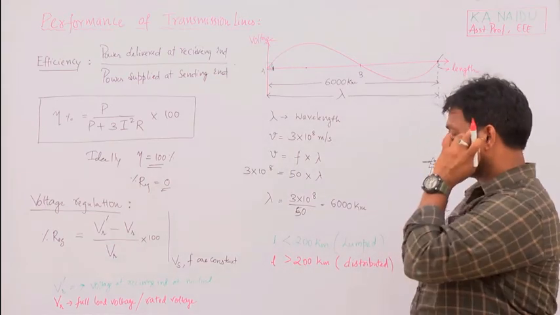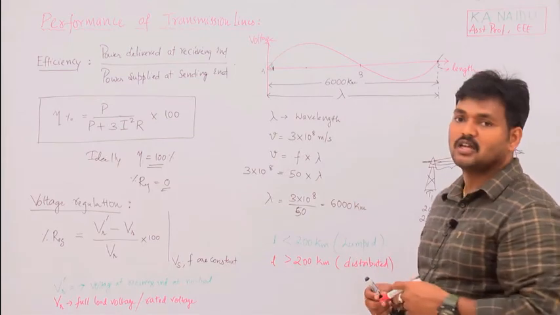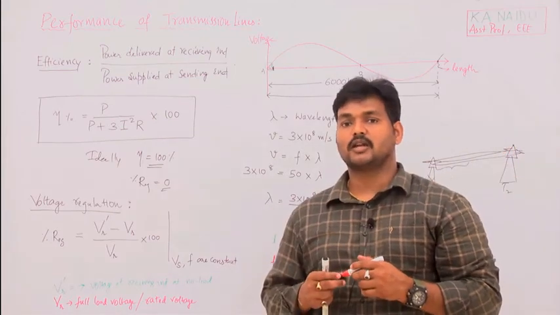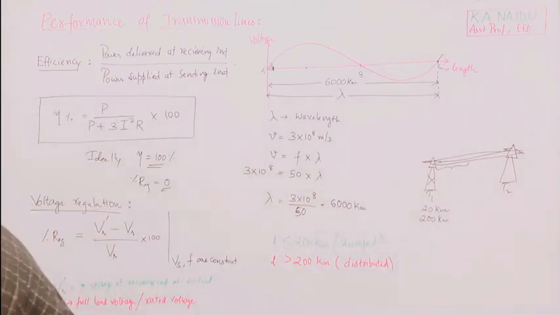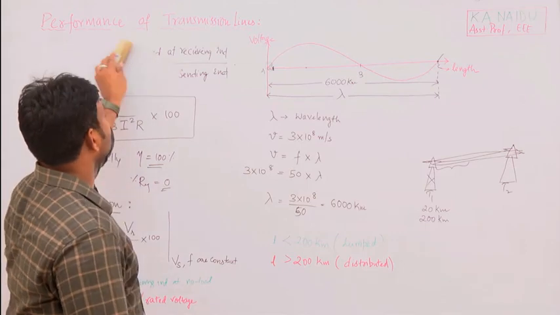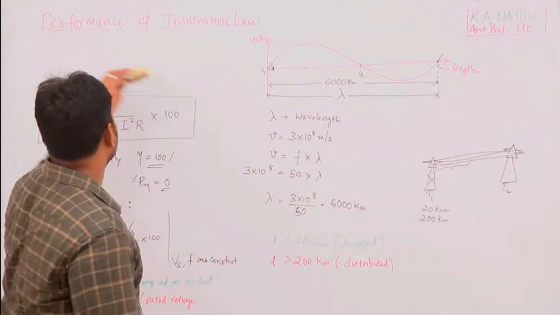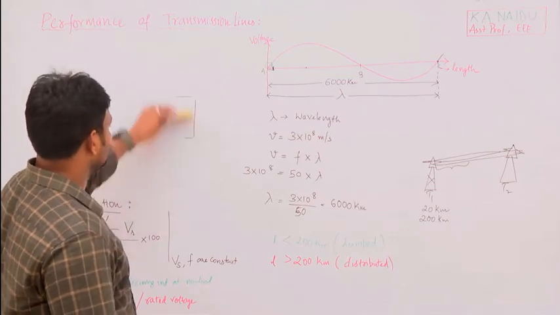These are the fundamentals that are required for analyzing the performance of a transmission line. Okay. Now let us see further. There are 4 parameters in the analysis of a transmission line, which you have seen in the previous unit. What are they?